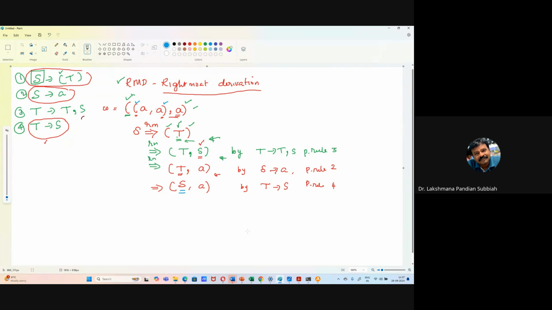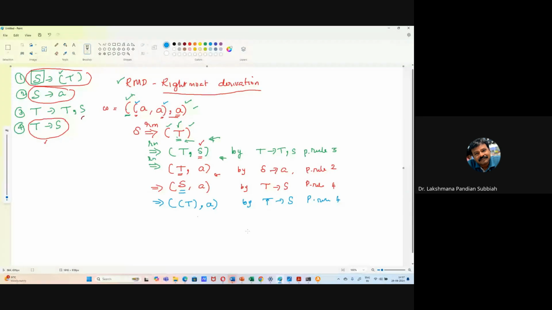In between something is there. Now you have to go for T derives S, S derives open bracket T close bracket, and then separated by comma A close. Now we are using the production rule S derives T, T derives S, so that is rule 4.